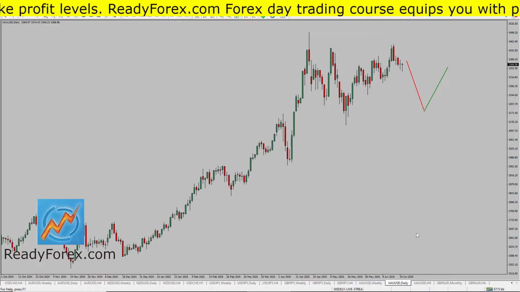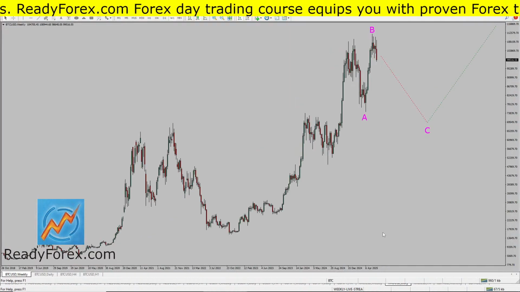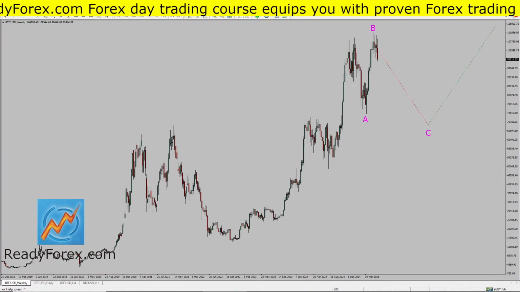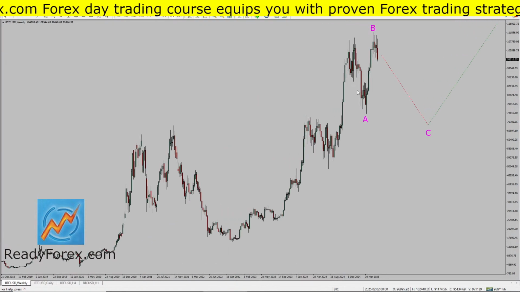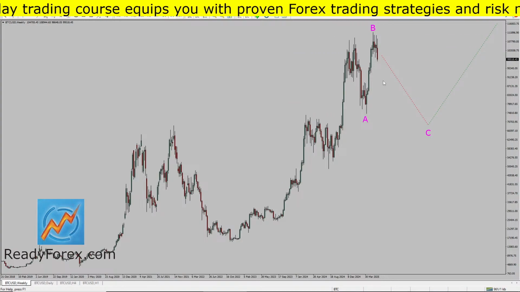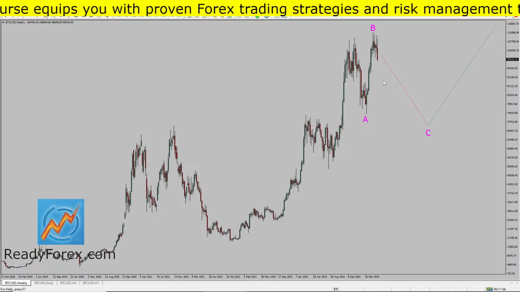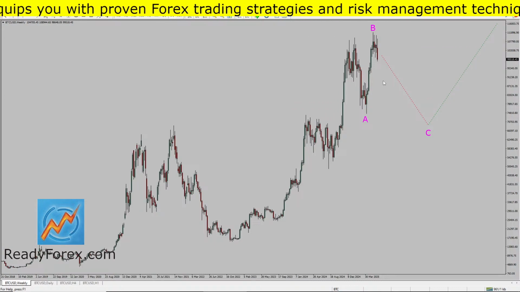Okay. Let us take a look at Bitcoin. Regarding Bitcoin, on the weekly BTC pair, it's most likely going to drop more in the coming trading week.